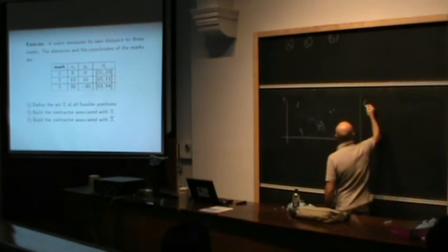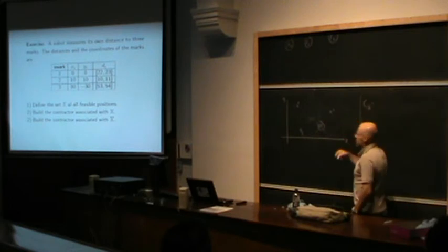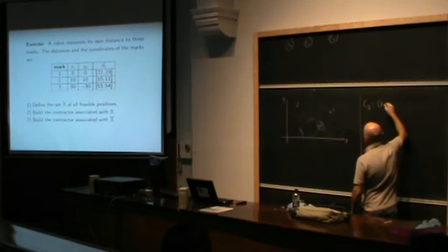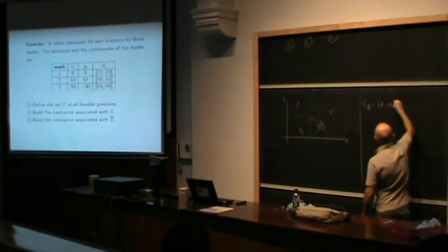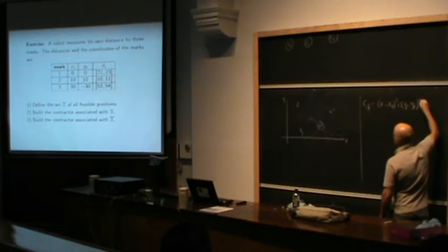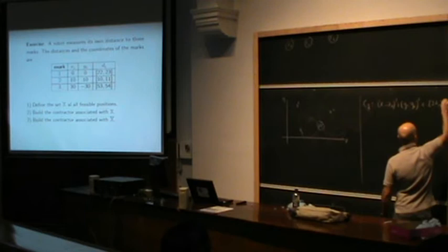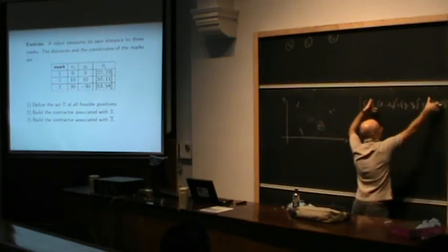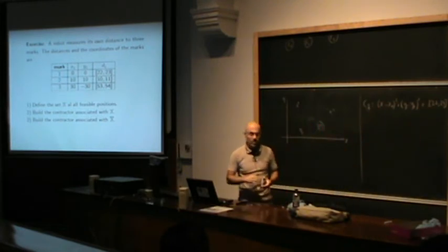The second information tells me that, in the general case, (x minus xa) squared plus (y minus ya) squared belongs to [22, 23]. Of course this is a constraint, but I transform it into a contractor using, for instance, a forward-backward approach.